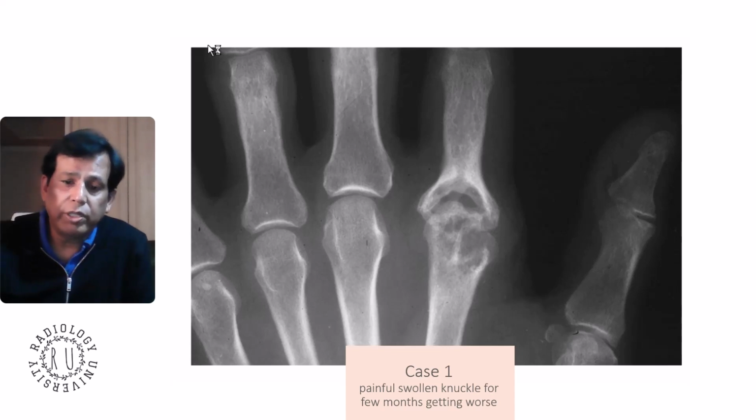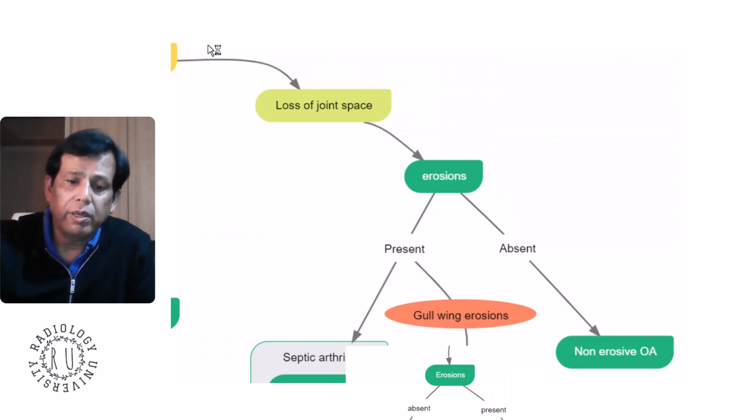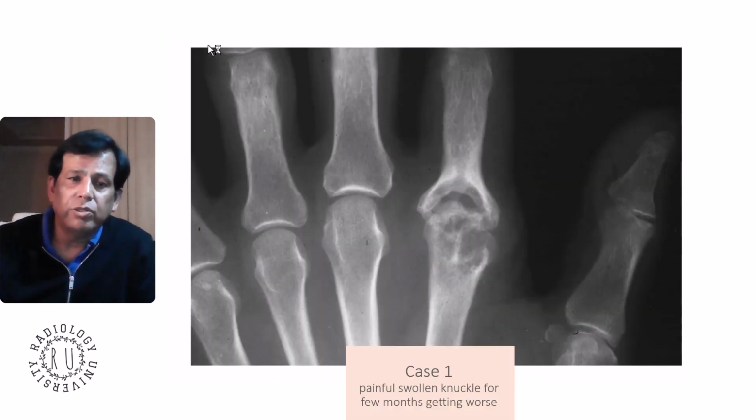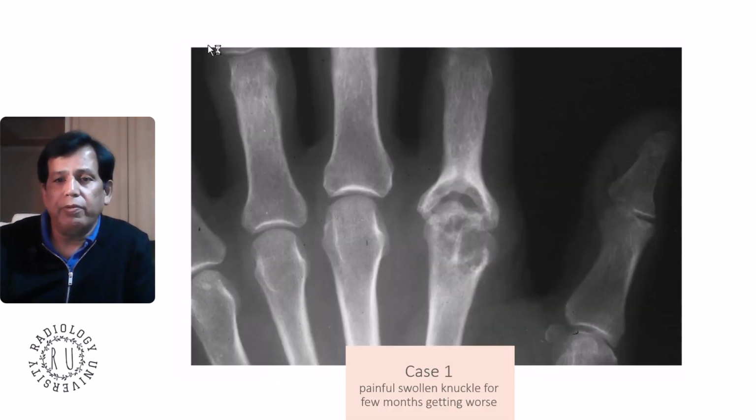So this case was actually PVNS, pigmented villonodular synovitis. PVNS is, as the name goes, a synovial disease which has pigment and a hemorrhagic component. Because it is long standing, it bleeds inside, causes pressure erosions slowly, but it doesn't destroy the joint space.